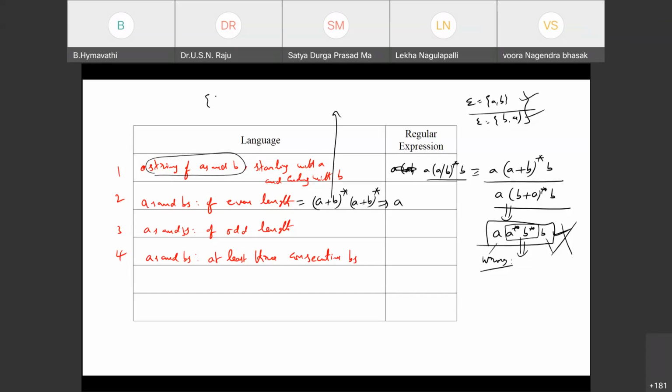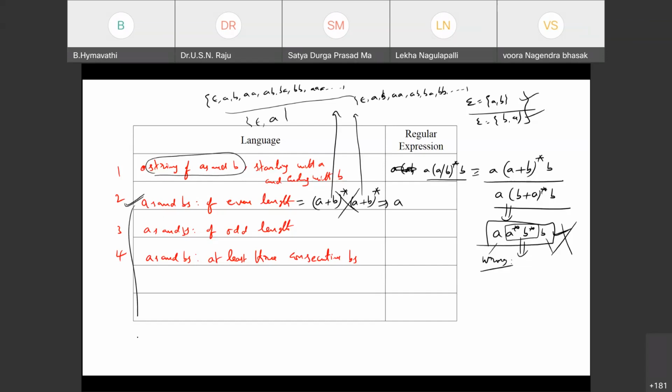(A plus B) whole star means epsilon, A, B, AA, AB, BB, AAA and so on. And for the second one, once again the same thing. Now we are doing the concatenation. Epsilon with epsilon gives epsilon. Then epsilon with A gives A. But A should not be part of the language according to the statement. So this is wrong.